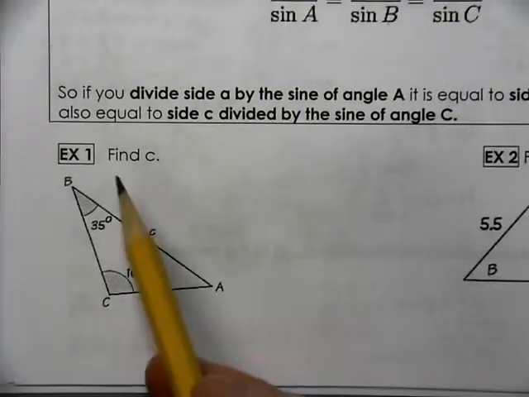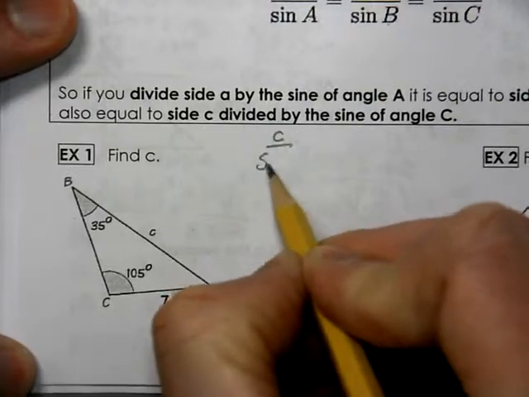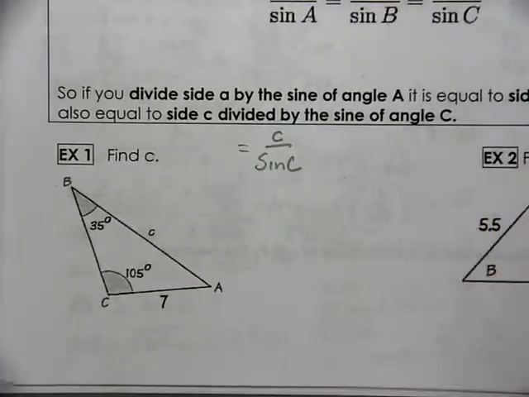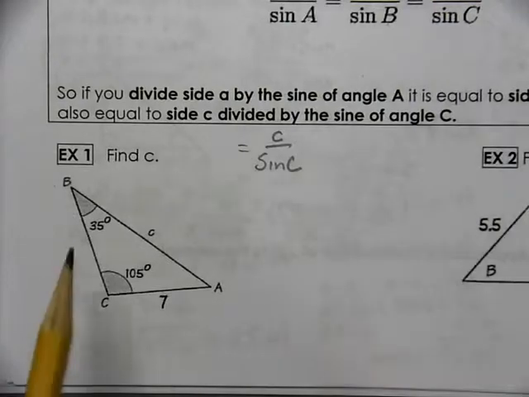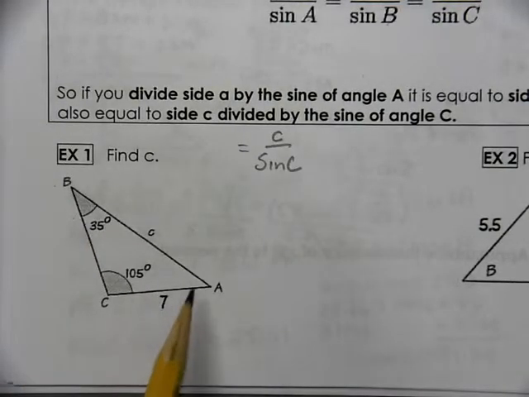To find side c, that tells us that we're definitely going to use the c fraction. Now I have to pick another fraction that I have information for. For B, I have its angle and the side.